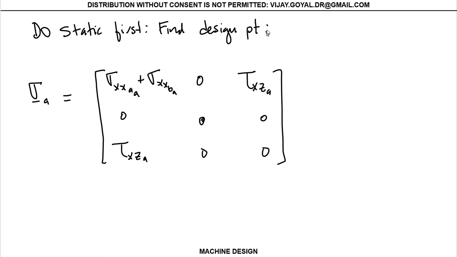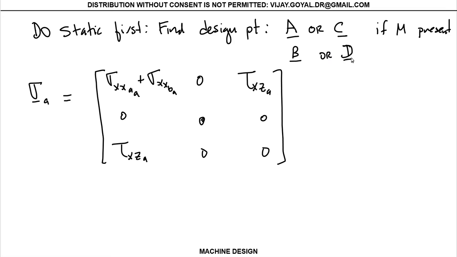The design point is either A or C. Typically, these are the two that we care for. This is the design point if M is present. If M was not present, for some weird reason this was 0, then it would be B or D.